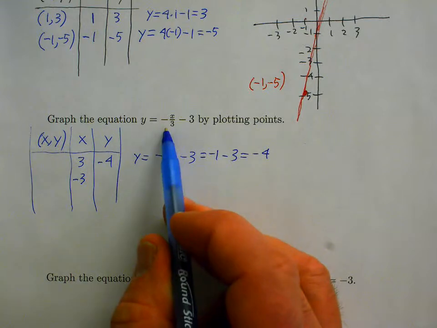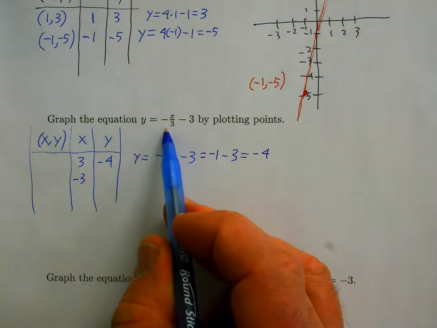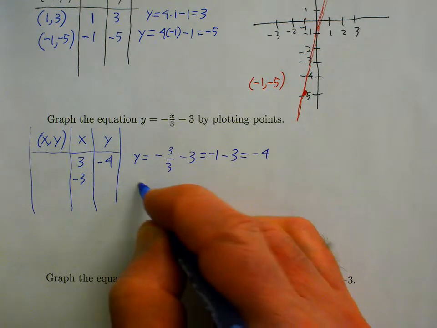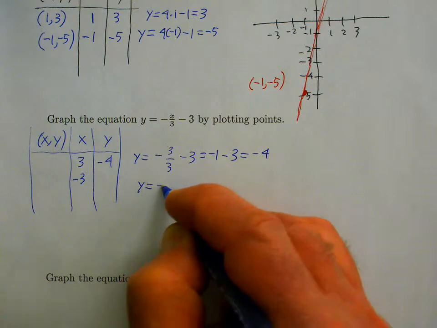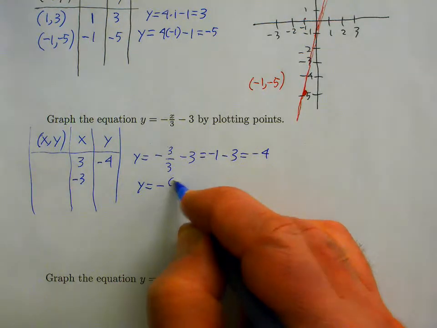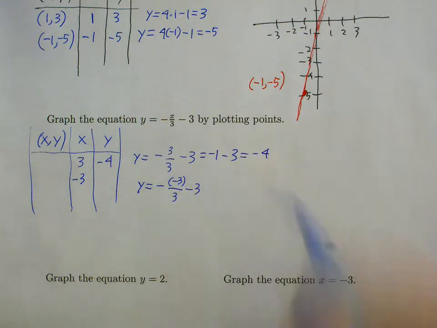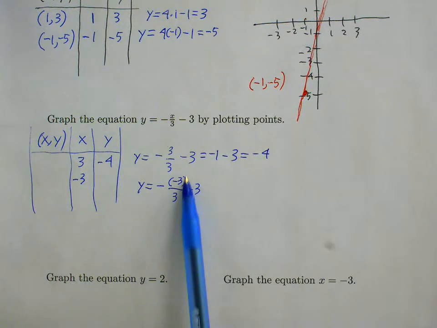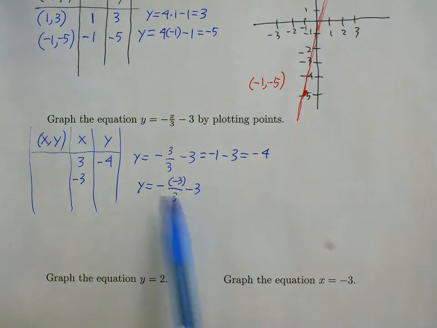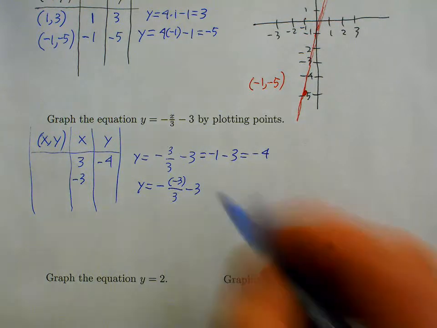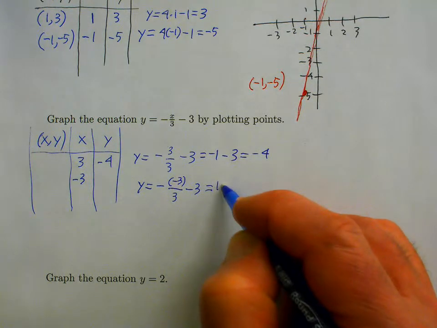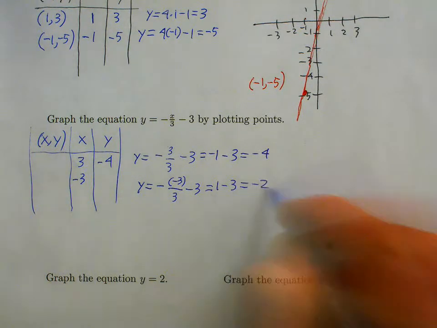And then just be careful with the arithmetic. So if I pick x to be -3, I get y equals the negative of -3 over 3 minus 3. -3 over 3 is -1, and the negative of -1 is 1, so I get 1 minus 3, or -2.